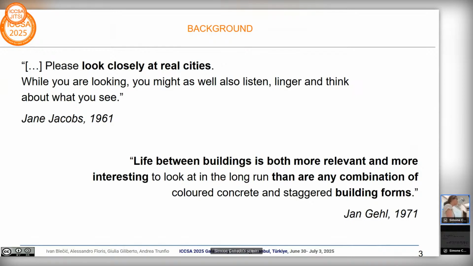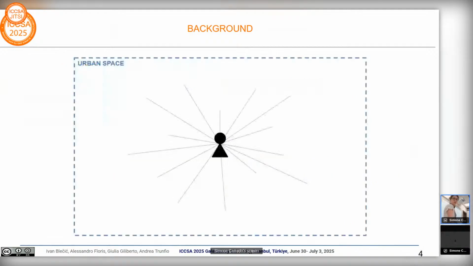So what we have to do is to look closely at real cities between buildings, because there are the most important things in cities.